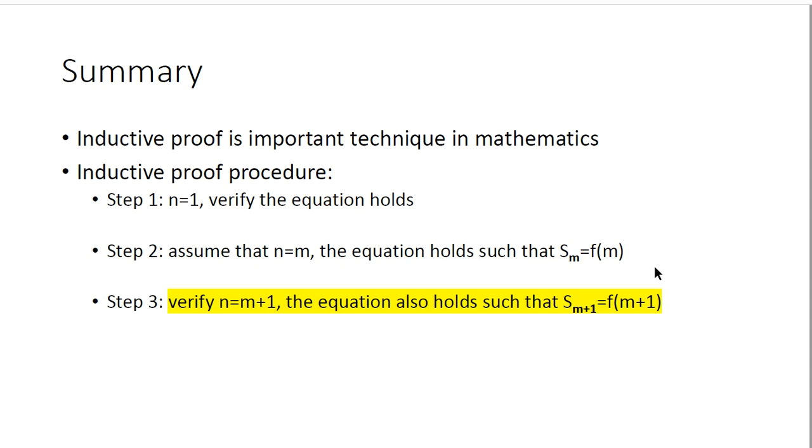And the final step is to verify that when n equals m plus 1, the equation also holds. The important thing is that whenever you prove the third step, you need to take advantage of the second step, which is to use the assumption equation to prove the third step.